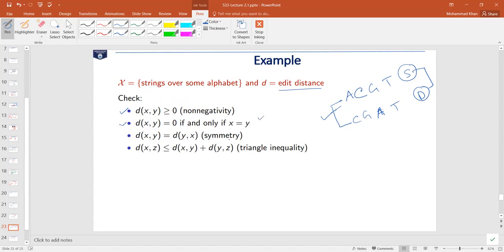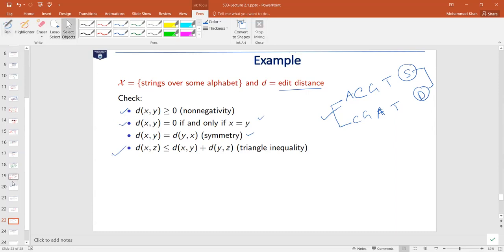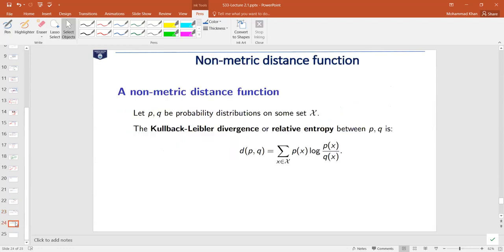Again, it follows the symmetry rule, because the number of edits required to go from source to destination will be the same as the number of edits needed to go from destination to source. It also follows the triangle inequality. That means we can use the nearest neighbor algorithm for string matching or string similarity, these sorts of things.